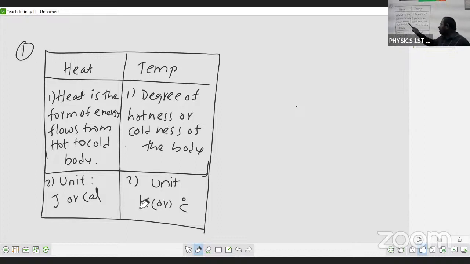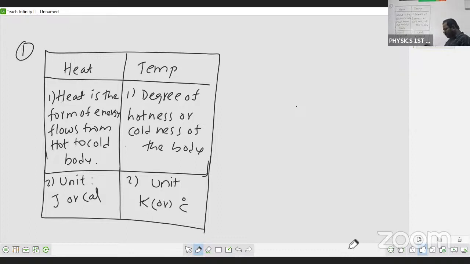Heat is a form of energy, flows from hot body to cold body. Degree of hotness or coldness of the body, nothing but temperature. Calorimeter is used to measure heat. Thermometers are used to measure temperature. Like that we write different differences. So 2 points are enough.